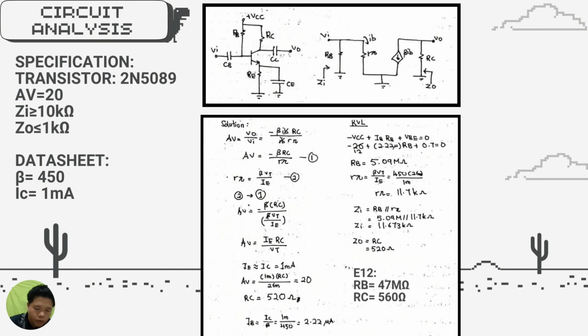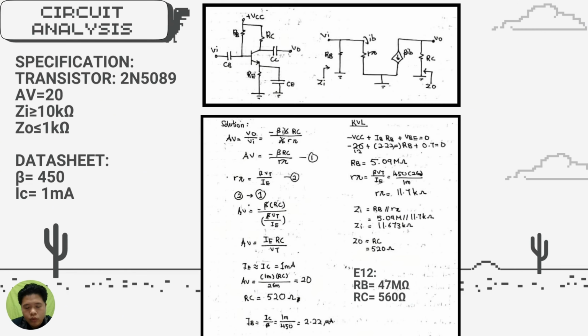We know IE from the datasheet is 1 milliampere, and VT is 26 millivolt, and the AV from the specification is 20. So 20 equals 1 milli times RC over 26 milli, and we get RC is 520 ohm.